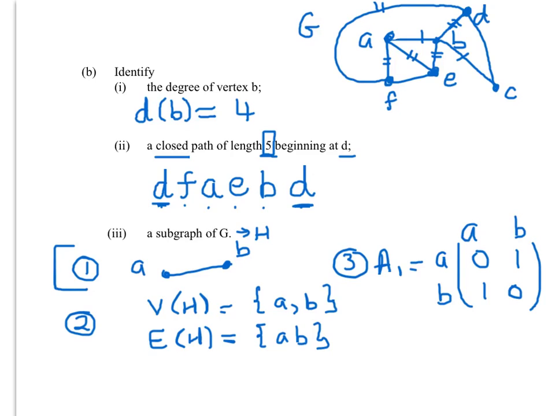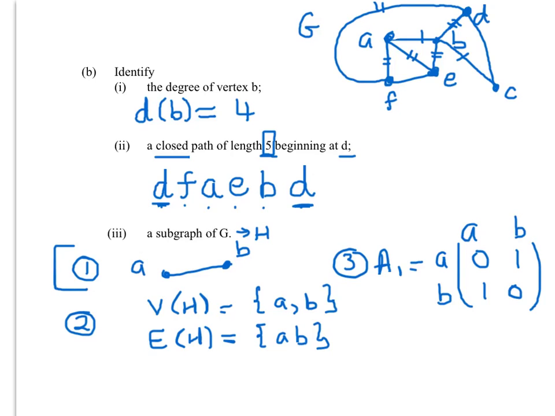So just to recap, remember that the degree of a vertex is the number of edges that leave that vertex. So for the degree of B, there are 4 edges leaving that vertex. The closed path of length 5 beginning at D: if it's closed, it has to end and finish at the same letter.